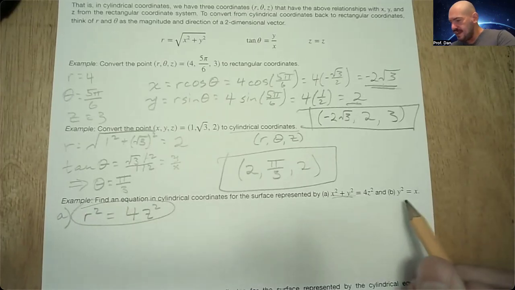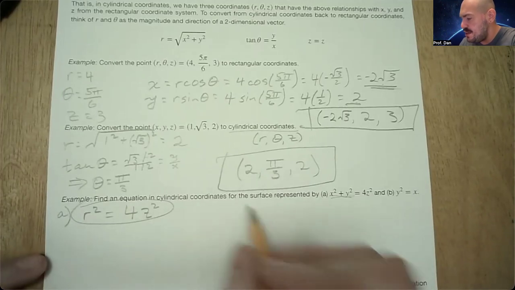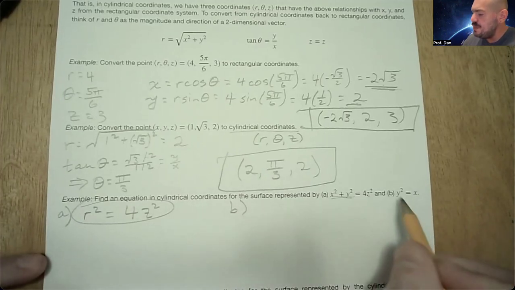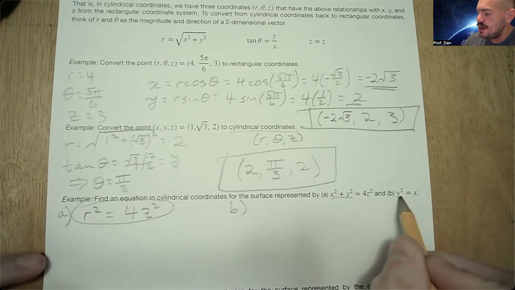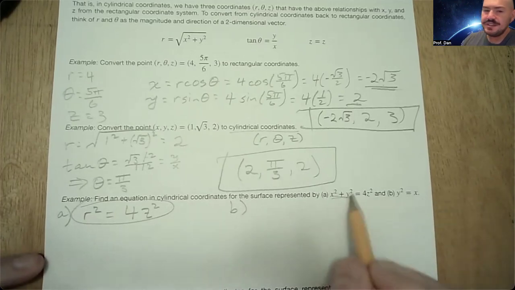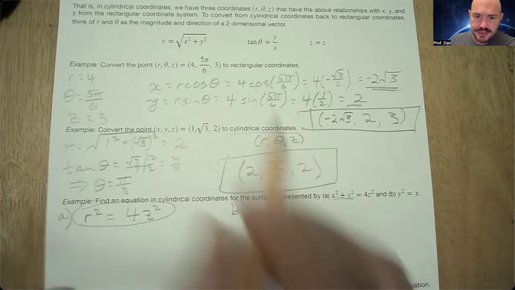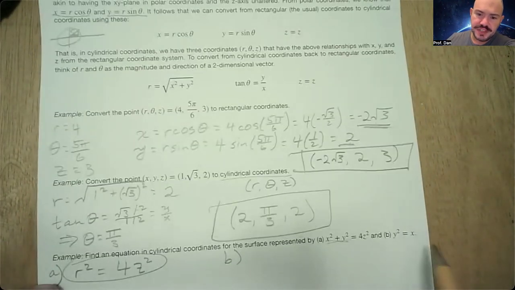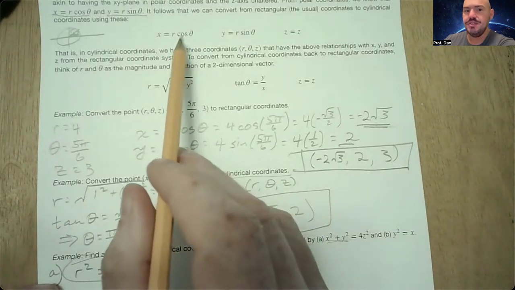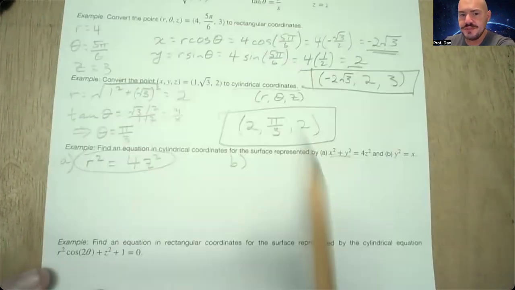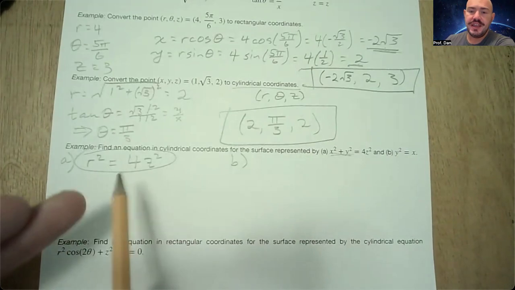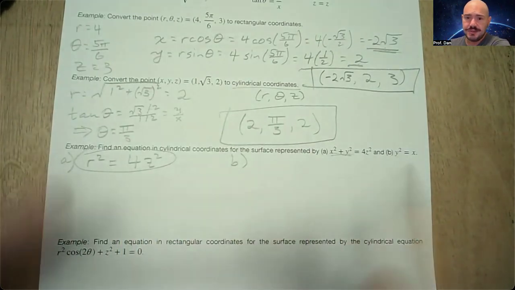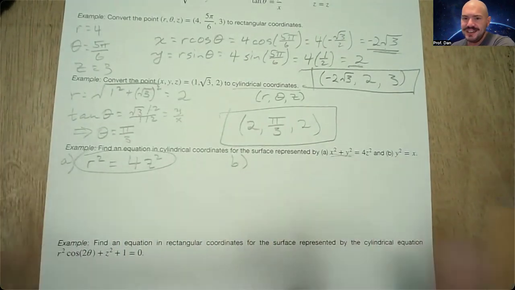Okay, now let's take a look at B. So for B, I notice that I have an x and a y, right? I don't have anything like this where I can directly relate it back to r. But I know that I can replace x and y individually using these two equations, which we also could have done in part A. We would have ended up with the same answer right after using a trig identity.